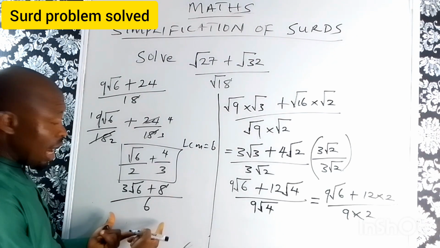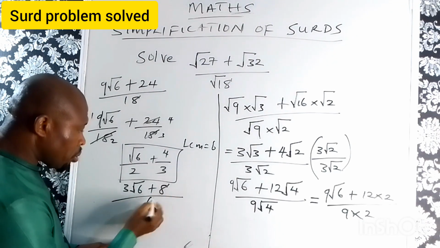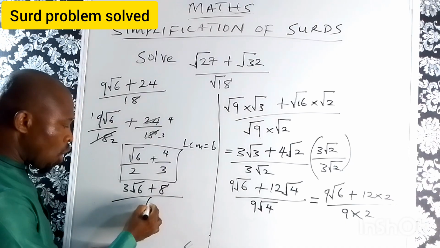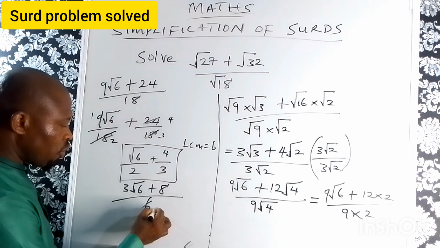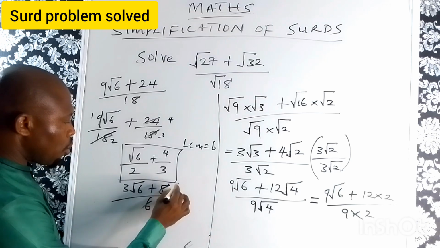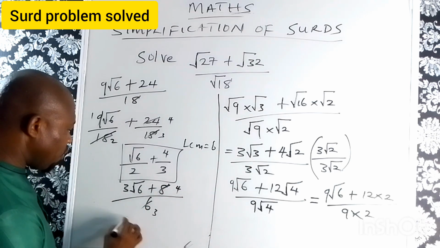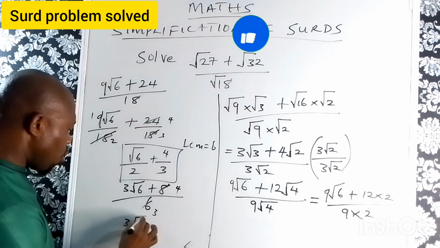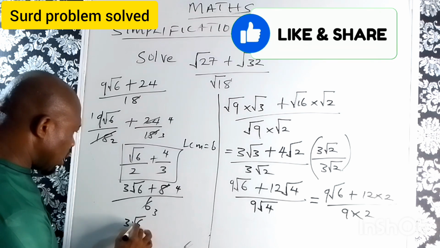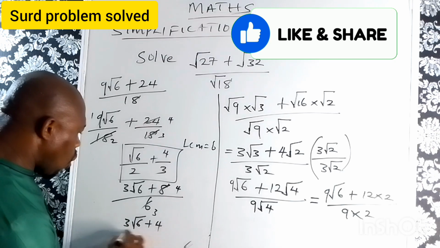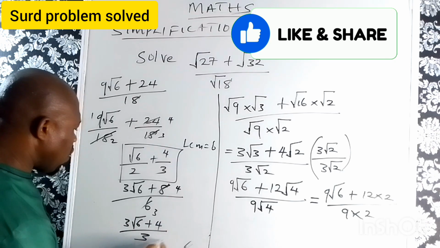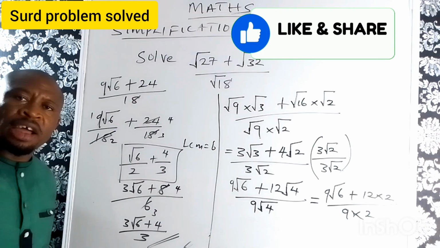Either you have it like this or you can reduce it more, because 2 can go here. If 2 goes in here, it will give us 3, and 2 here will give us 4. Therefore, you can now have this as the final answer: 3 root 6 plus 4, everything over 3. So this is our final answer.